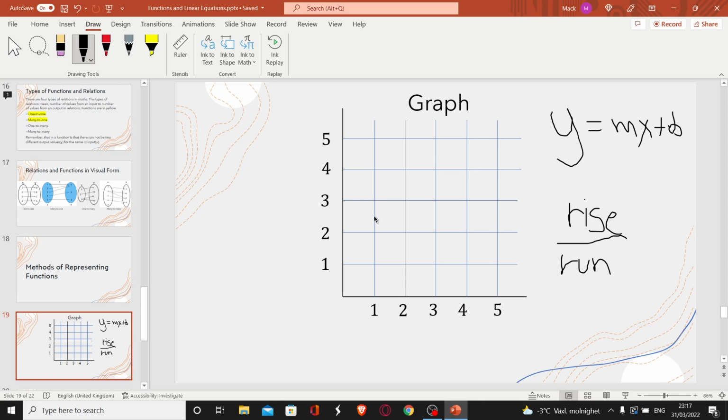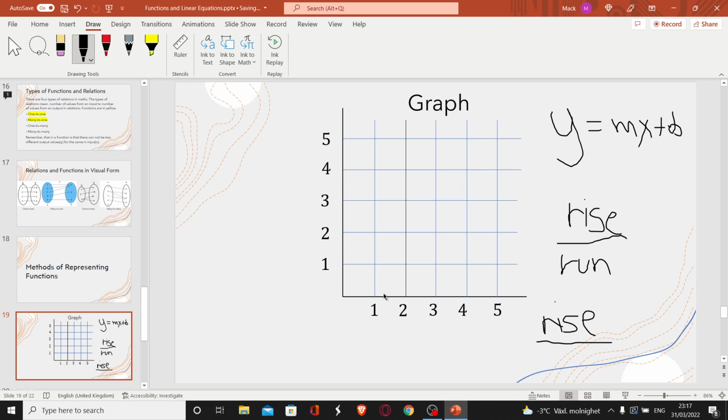So I'll just tell you the slope for this equation, and it's this. So we have the change in y values by the change in x values. So I'll just write rise, because we don't know what the rise is, because there is no run, right?